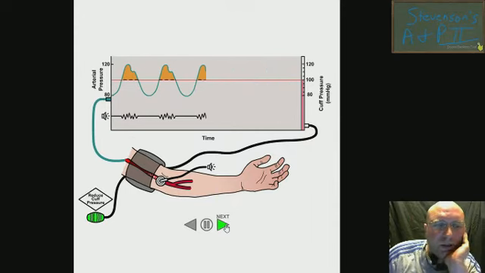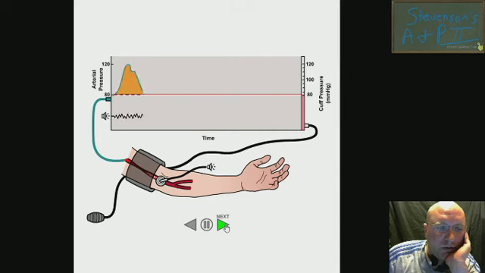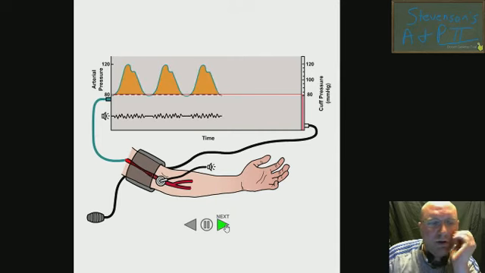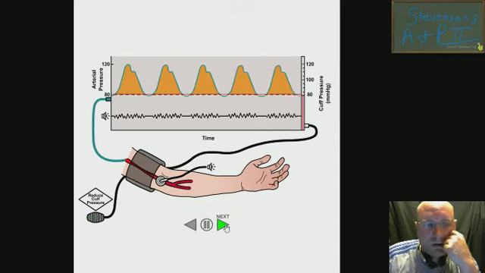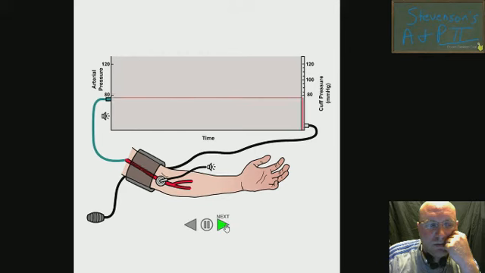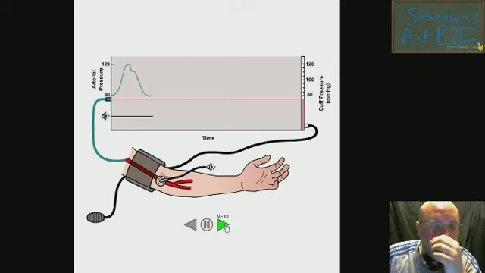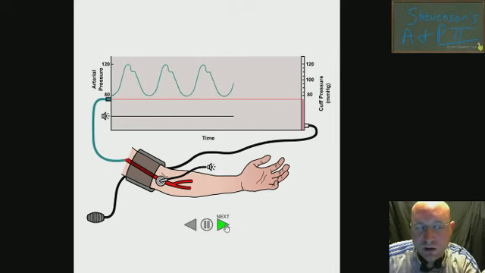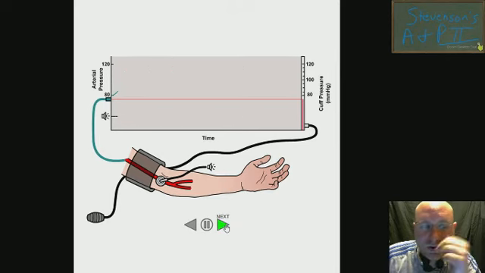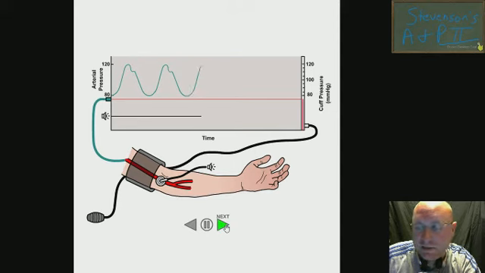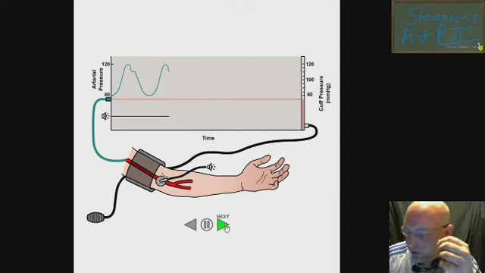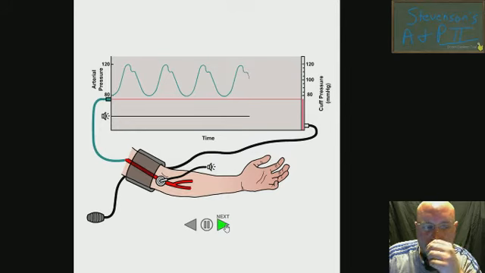Where do you stop here? Let's figure out where we're going to stop. You still hear it now. You're at the lowest part. When you fall below that wave, you no longer hear it. So 80 would be your bottom number, 120 would be your top number. Systolic, 120, over 80, diastolic. If the pressure isn't the same, you cannot hear the sound.